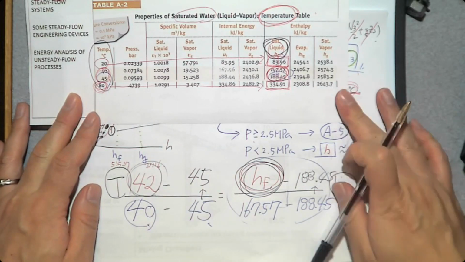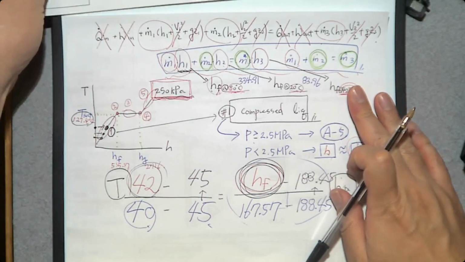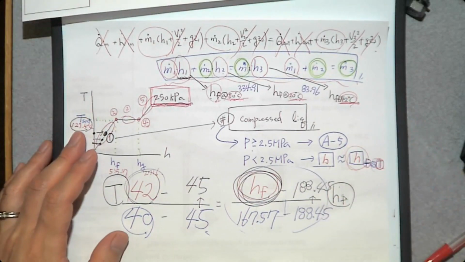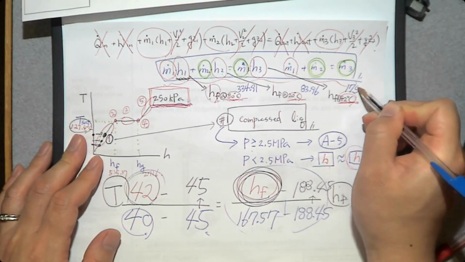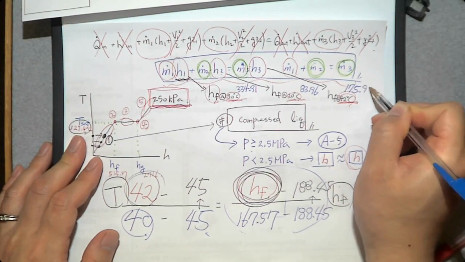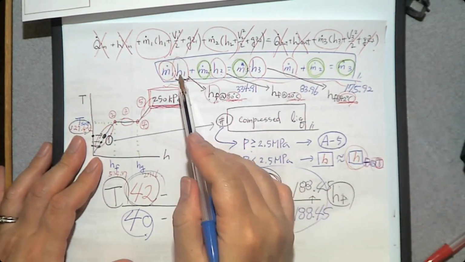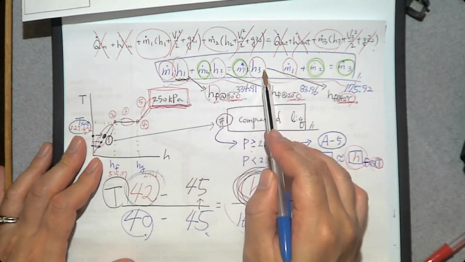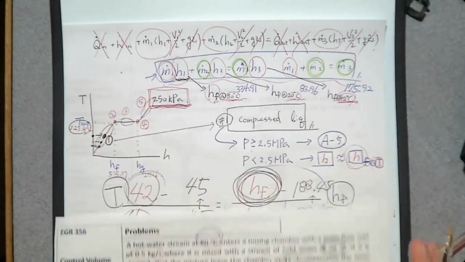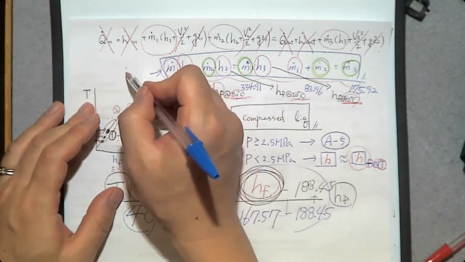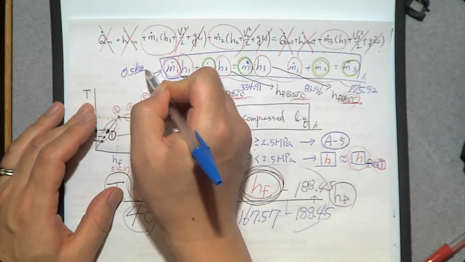If you do the calculation, you get 175.92. So we have h1, h2, h3. We have m dot number 1, which is 0.5 kilogram per second.